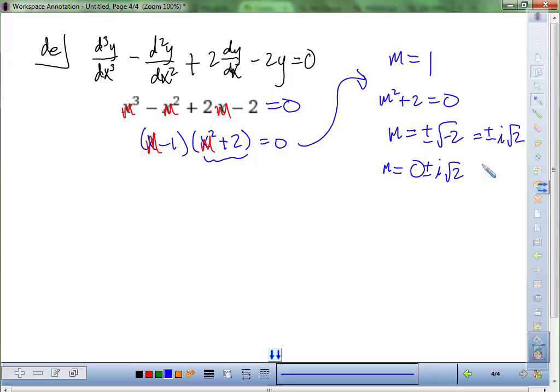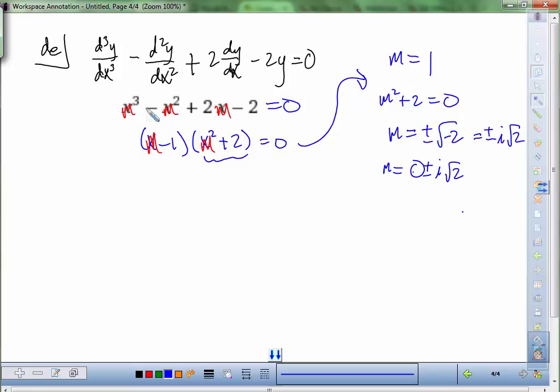And I called it alpha and beta in the first page of this lecture, so you can just look at it and say, okay, e to the alpha, which is 0, times x, so e to the 0, which is 1, so we just ignore that. And then cosine, the square root of 2 times x, that's the beta.